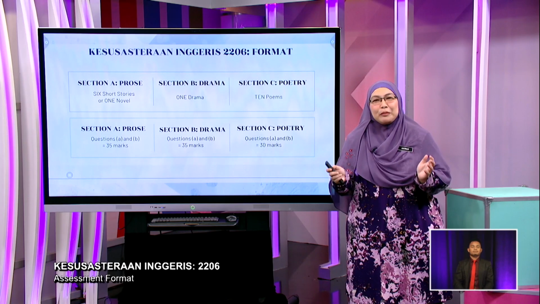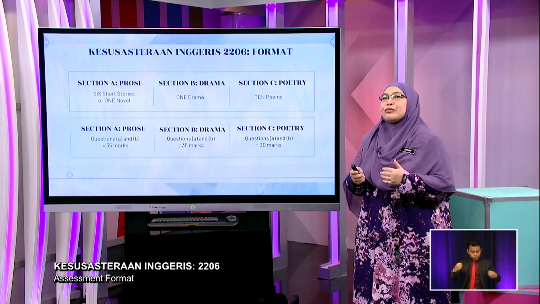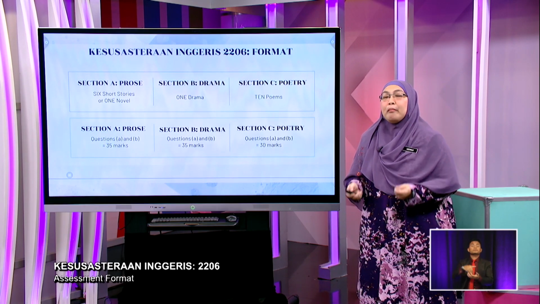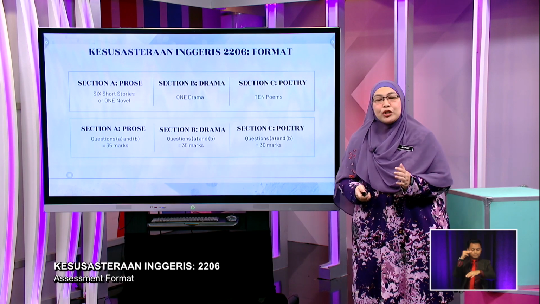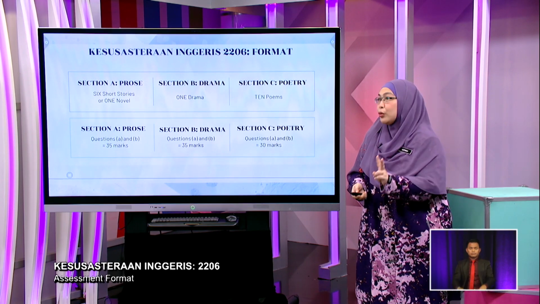Now, as we prepare to go into war, perhaps the first thing I would like to remind everyone out there is how much time to allocate. So we know for sure that each of these 3 sections is made up of 2 questions.